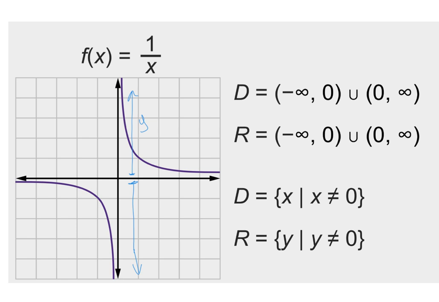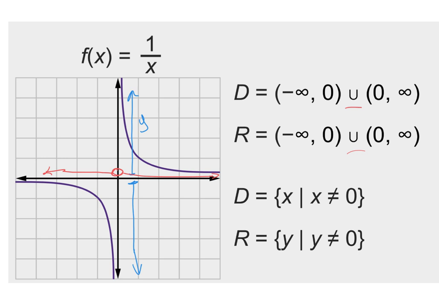And if you look at it on the x value, I start over here at negative infinity. When I get here, there is no value here for x, and then I keep going. And that's why I'm using those unions. I'm just jumping right over that part that is not included in the graph itself to define that domain and range.